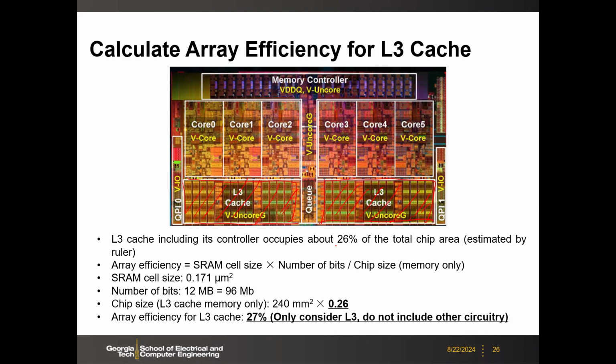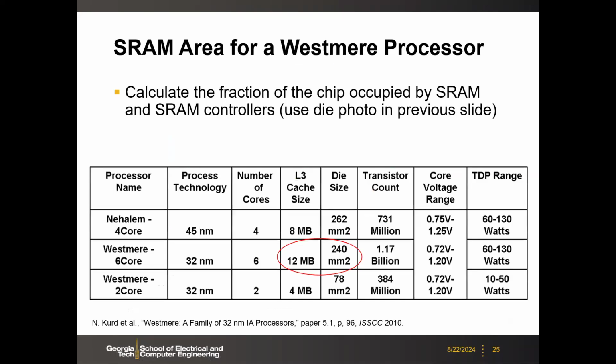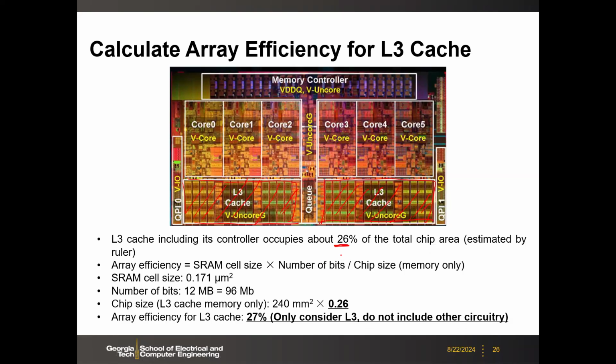It's about 26% of the total die size. The total die size is given in the previous slide as 240 millimeter square. So this fraction times 240 millimeter square will be the L3 cache silicon footprint.